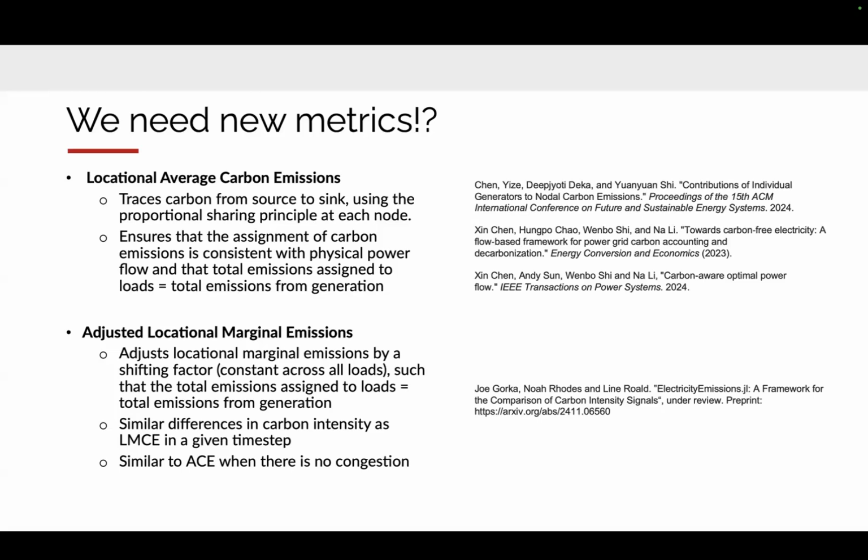And so the nice thing about this metric is that it maintains similar differences in carbon intensity across locational marginal carbon emissions in a given time step. So this means that if we are doing geographical load shifting and not looking at shifting in time, then this would give the same result as the LME. And then also it becomes similar to average carbon when there is no congestion in the system.